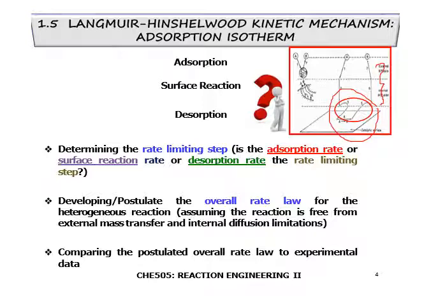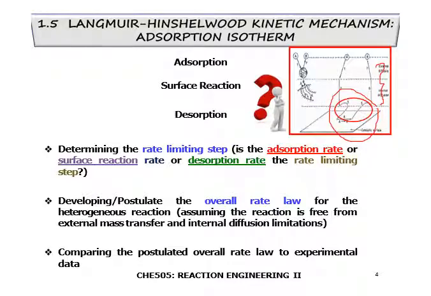Tapi lepas tu kita nak tahu kalau area ni yang menyebabkan the limiter is the limiter, so we want to know whether it is adsorption, surface reaction or desorption that is the limiter for the rate limiting step.